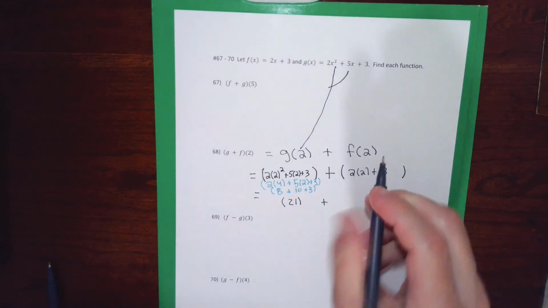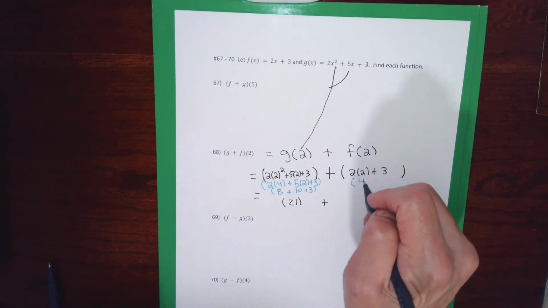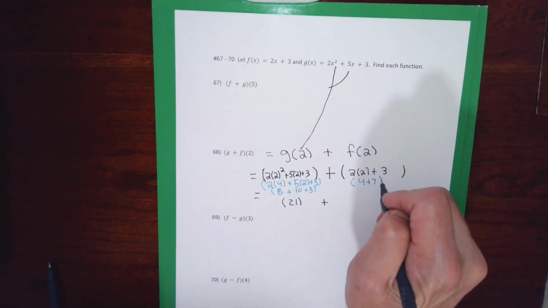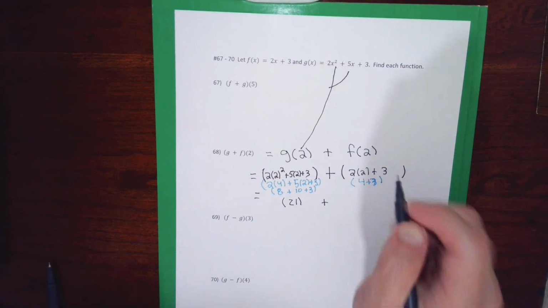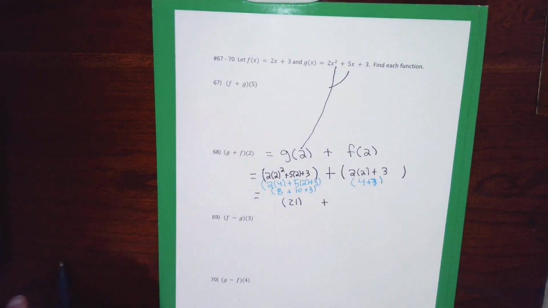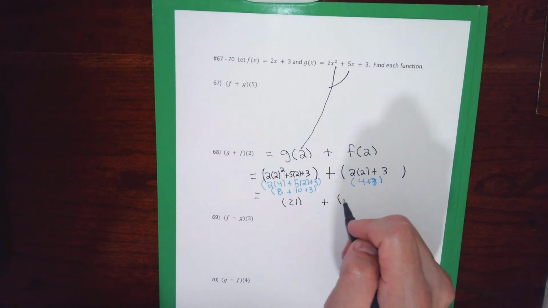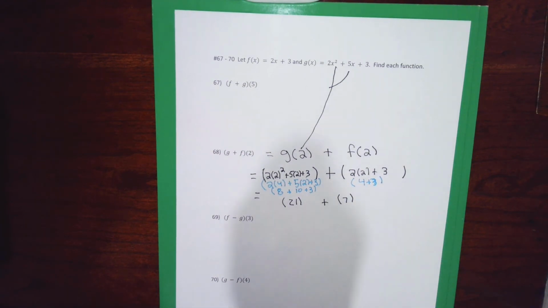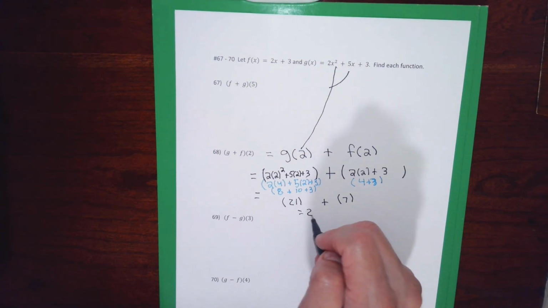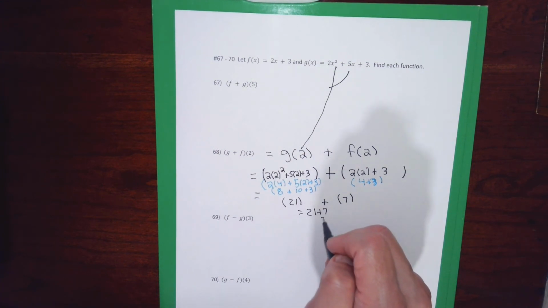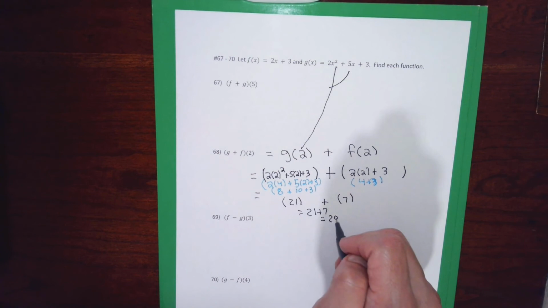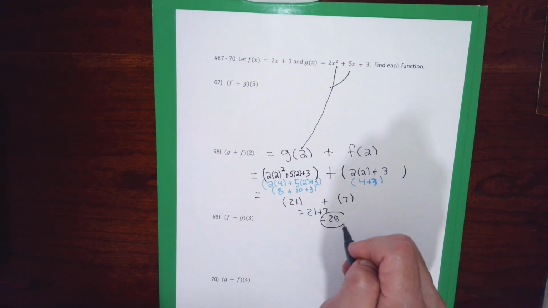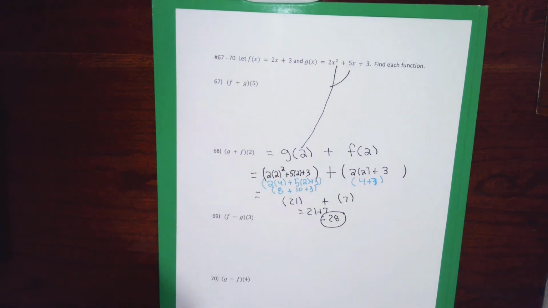Inside the second parentheses, I would do multiplication first, and then addition last. Once I get the parentheses down to a single number, I shouldn't write the parentheses anymore. It looks stupid. So the answer to 68 is just the number 28.